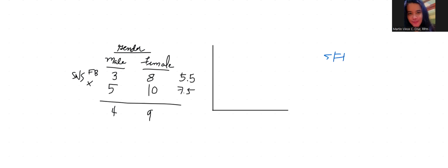So we have here for male and female, we have here 1, 2, 3, and female 1, 2, 3, 4, 5, 6, 7, 8, ayan.